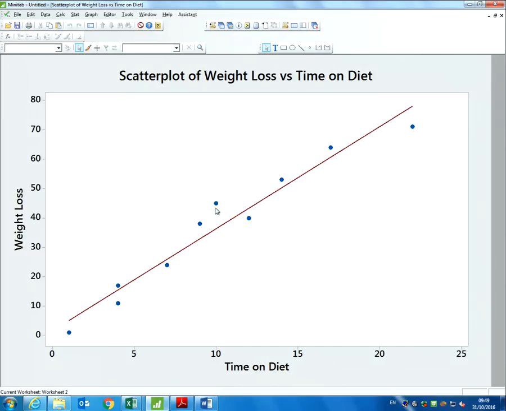Now, I want you to think back to what you said. I asked you the question, what would a scatter plot look like if the relationship between x and y was perfect? What did you say? If the relationship between x and y was perfect, the points would actually form a line.